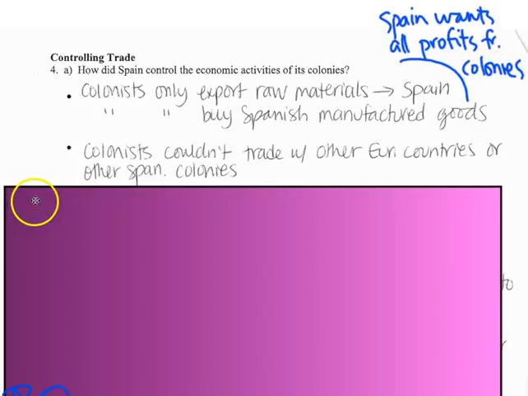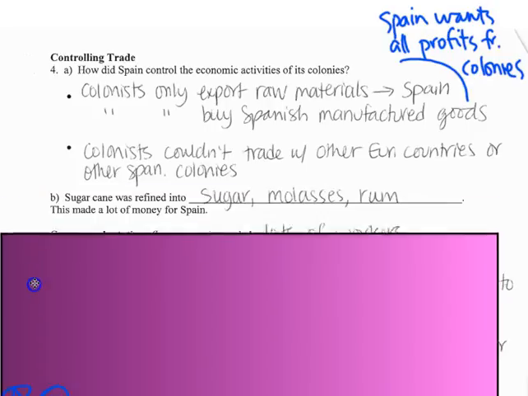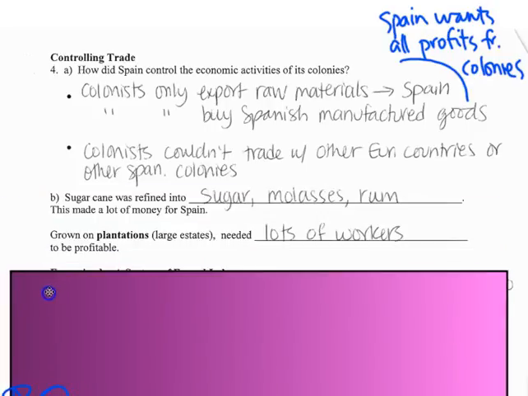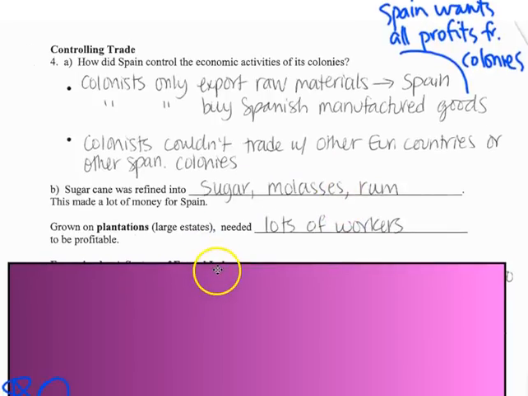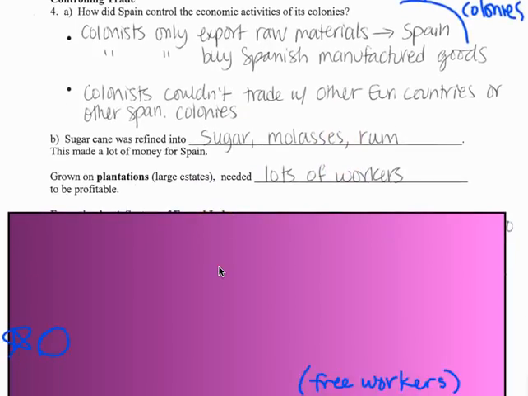So they are really trying to control how the economy is working and how the resources from the colonies get used. They need to go directly back to Spain. This is going to maximize Spain's profits. Then we have the goods they had and the idea of plantations. These goods need a lot of workers, which led to the next issue with the Native Americans.